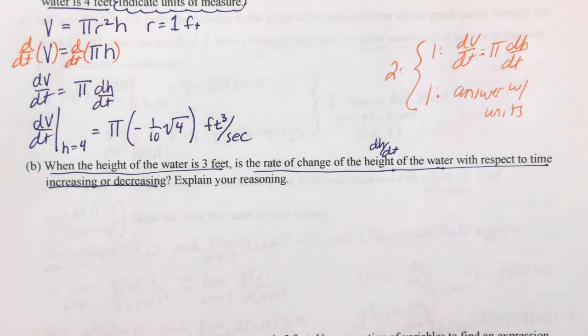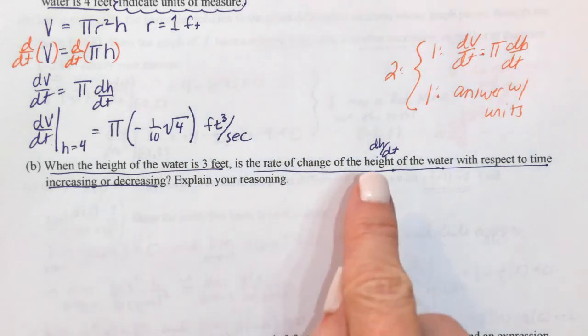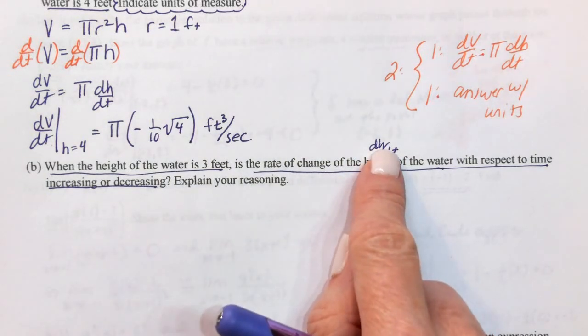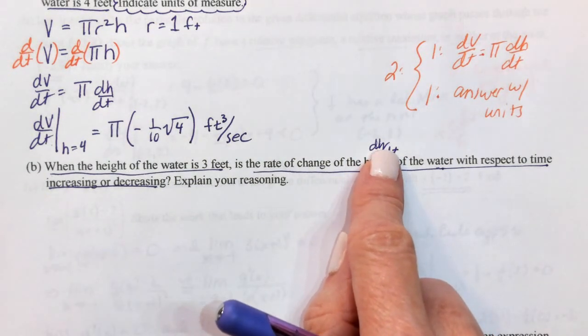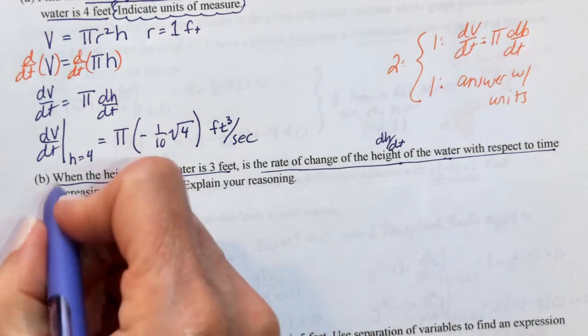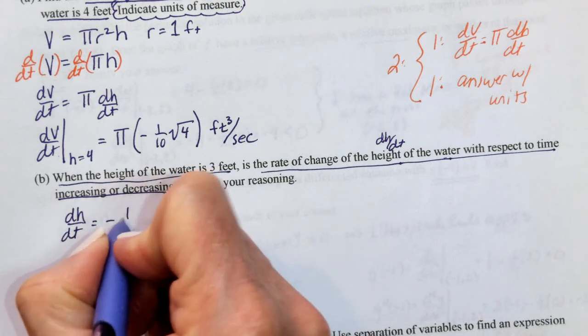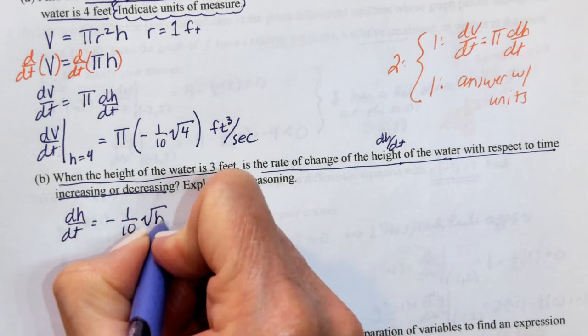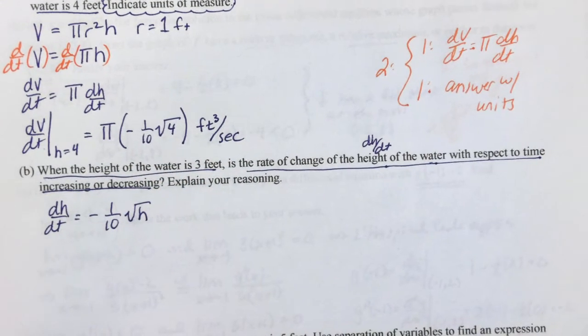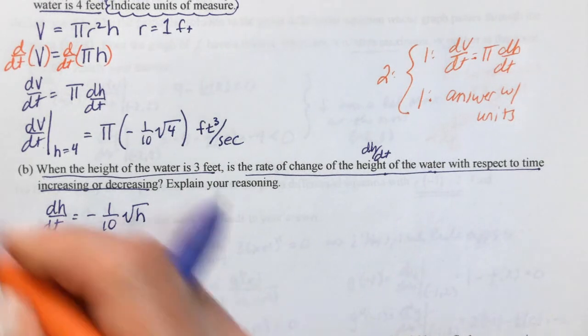Well, if I'm trying to determine if any function is increasing or decreasing at a specific time, I take its derivative. So I'm trying to figure out if this is increasing or decreasing, so I need the derivative of that. So dh dt they gave me is -1/10 square root of h. I need to take the derivative of that with respect to time.